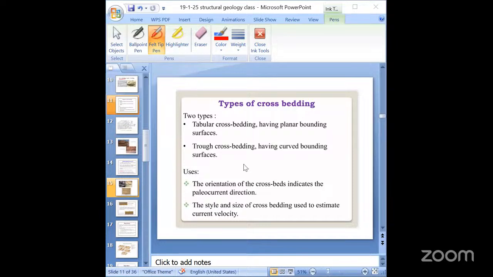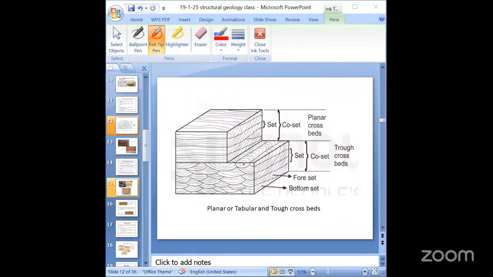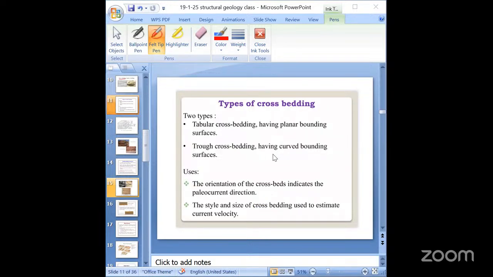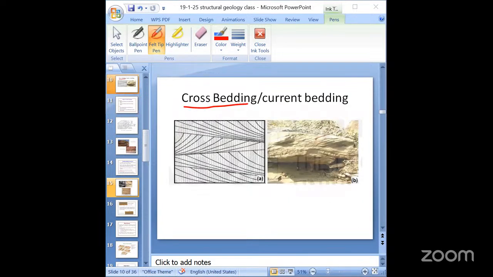So these cross beddings consist of inclined dipping bedding, bounded by sub-horizontal surfaces, and each of these units is termed a set, S-E-T, set, right?